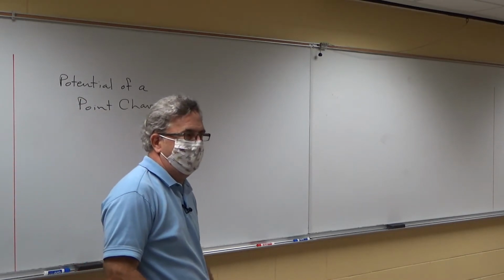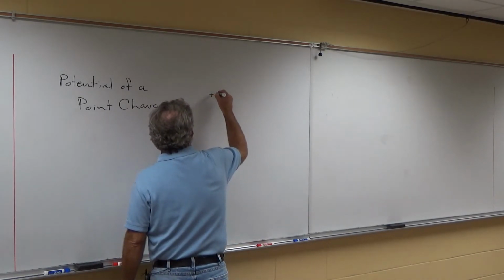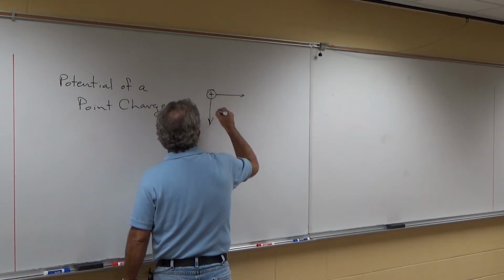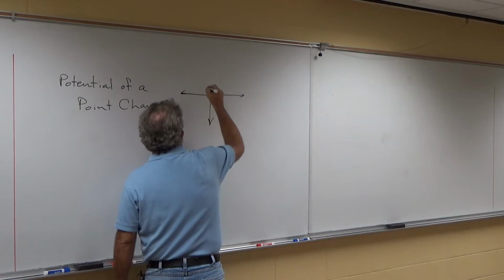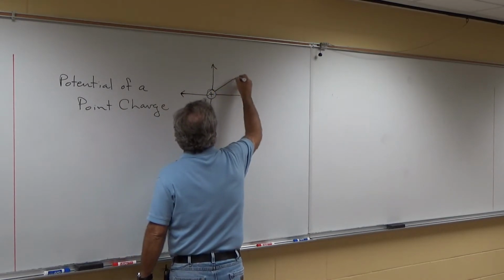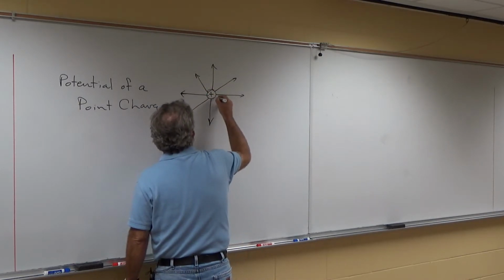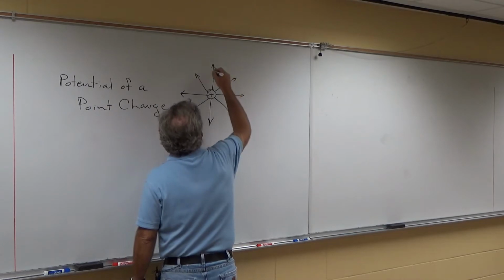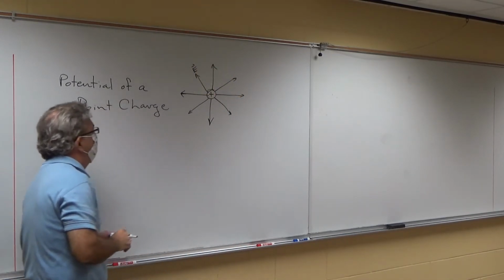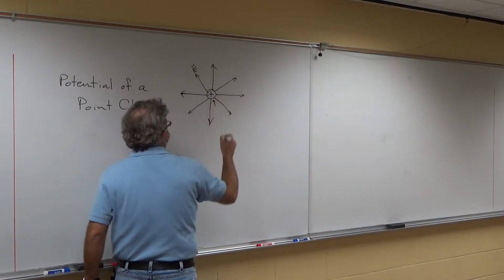I don't have to, but okay, here's a positive charge. So we imagine these electric field lines, or we conceptualize them with these little arrows that are vectors, or field vectors, and they're all radiating out like this. So here's the electric field due to this point charge Q. Here's Q, all right?